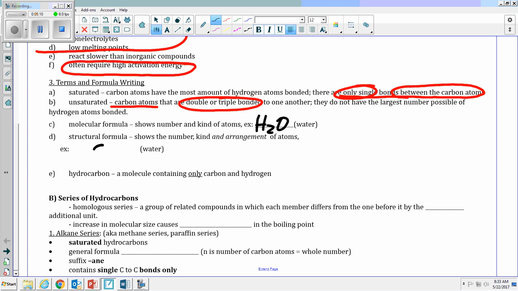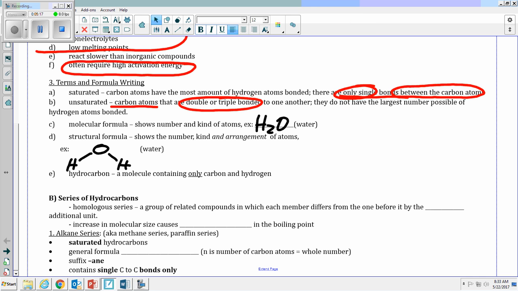So for water, the structural formula would be like this, where you see the arrangement that oxygen is in the middle, the two hydrogens are on the outside. Good. And then we have the term hydrocarbon, which the word really tells you what it is. It's a molecule containing only carbon and hydrogen. That's all there is.